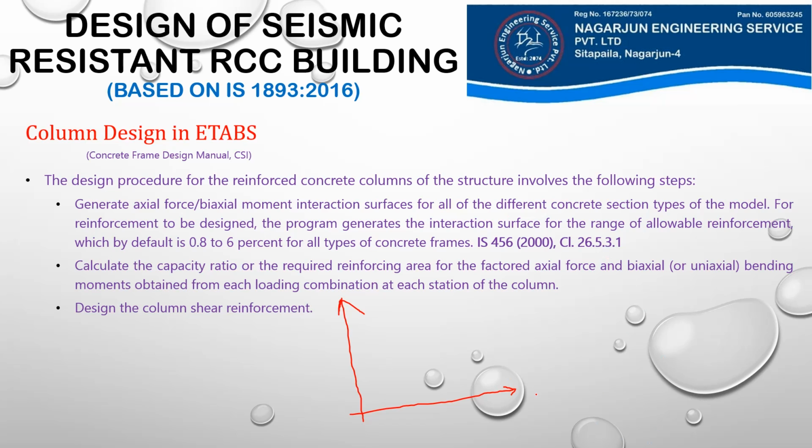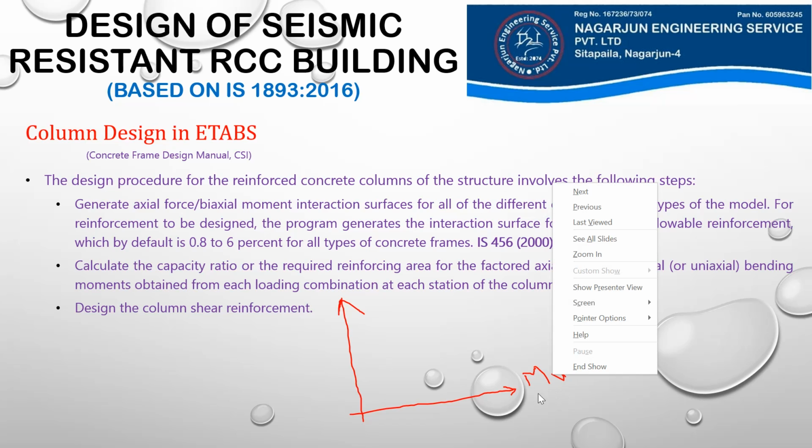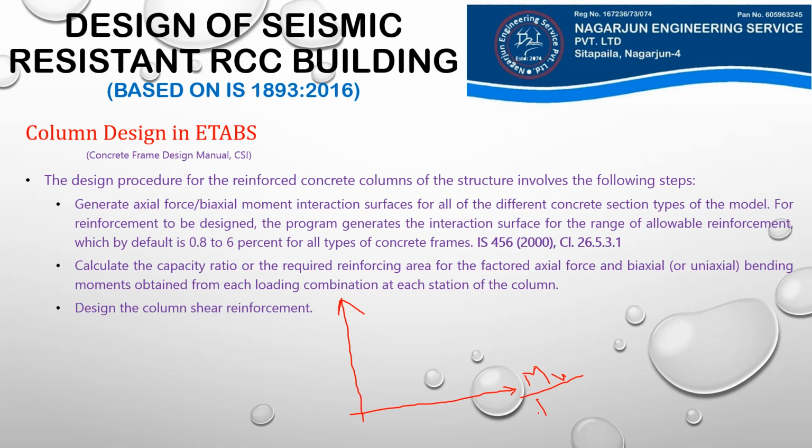you see that in our x-axis, what we have is Muy/(fck b D²), and in the y-axis we have Pu/(fck b D).